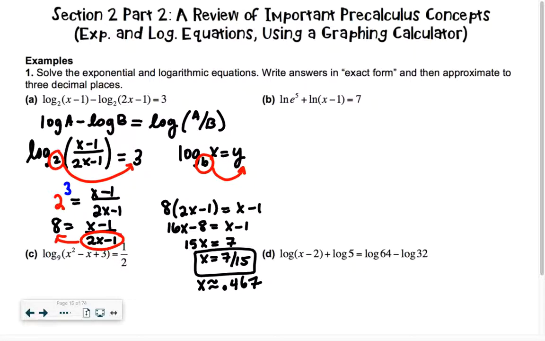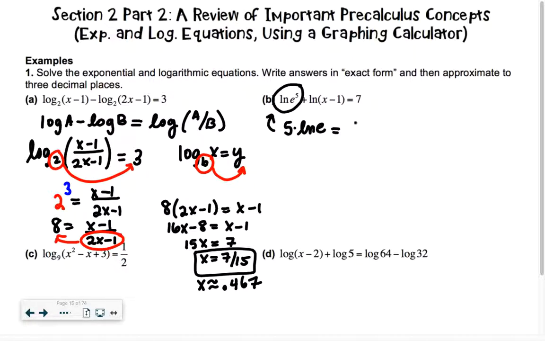All right, the next one, B. I have natural log of e to the 5th plus natural log of x minus 1 is equal to 7. You could combine using the multiplication rule: natural log of a plus natural log of b is natural log of a times b. But this one's actually easier if you notice something. Natural log of e to the 5th: the 5 can go to the front, and then it's 5 times natural log of e.